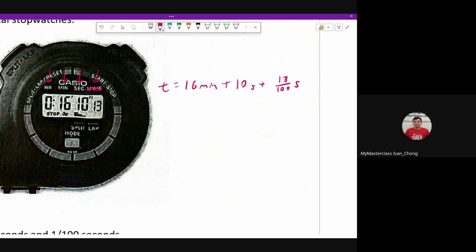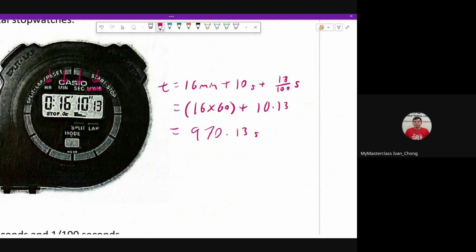That's how we read this. So bracket 16 times 60, and this is 10.13 seconds. When you write seconds, all of these is seconds now. So you press the calculator: 16 times 60 plus 10.13, you end up with 970.13 seconds.